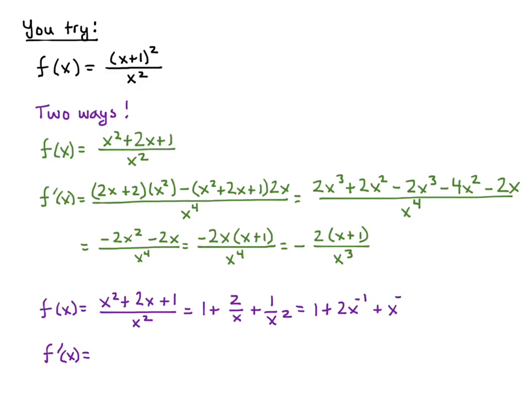What we do is we put that in that form where we have coefficient, variable, exponent, and so now our derivative is going to be negative 2x to the negative 2 power minus 2x to the negative 3rd power.